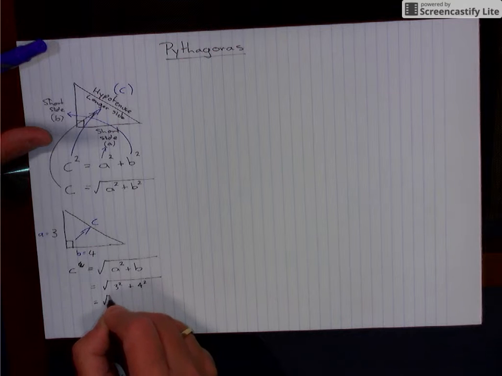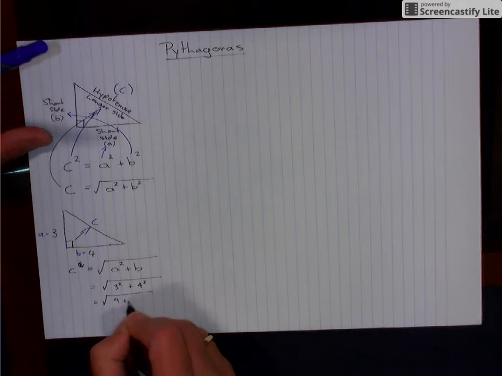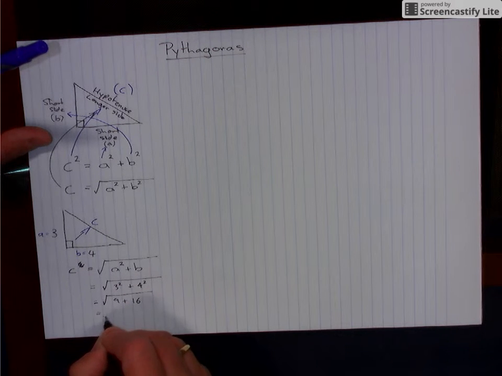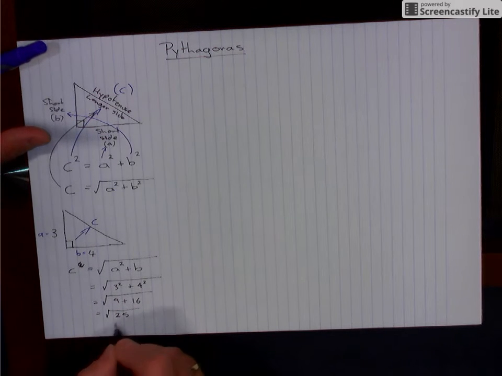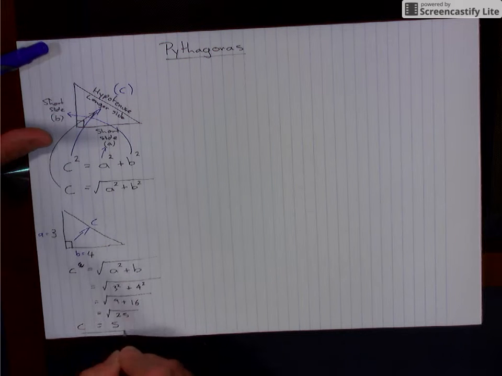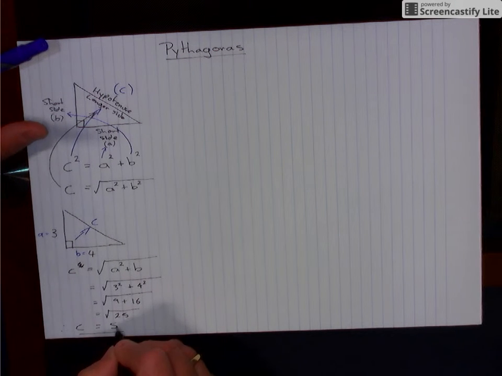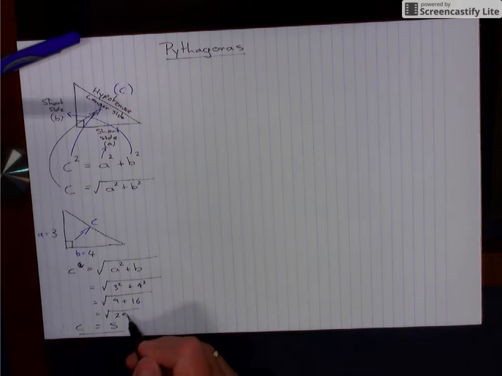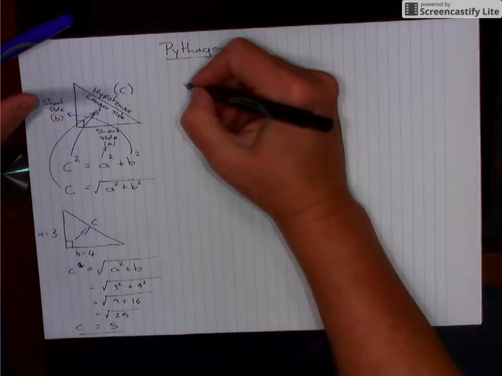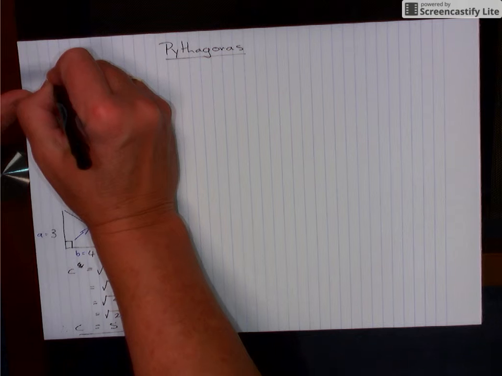That's equal to the square root of 9 plus 16, which is the square root of 25. And we know that c is equal to 5, because the square root of 25 is 5. 5 times 5 is 25. Okay, so that's to find the long side.